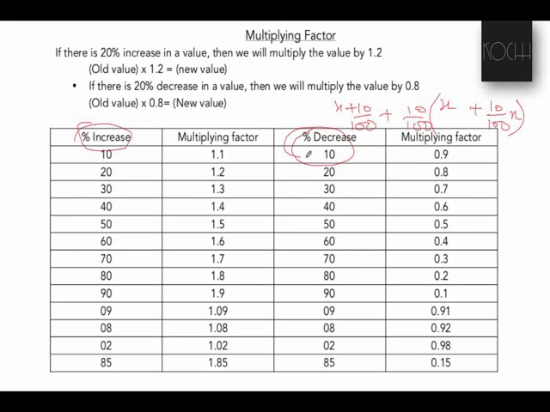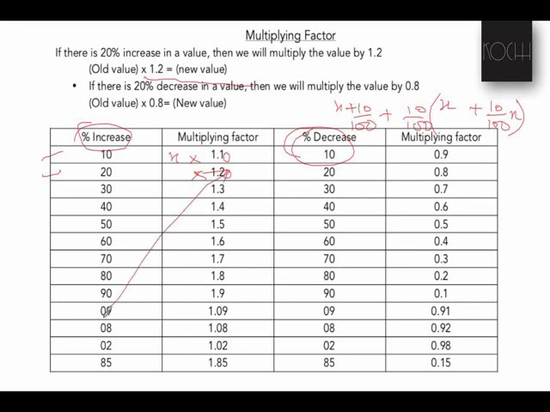Suppose I need to increase a value by 10%, I simply need to multiply that number by 1 point and I'll mention the percentage value. So to increase the value by 20%, I need to multiply it by 1.2 because 0 plays no value. Similarly, 30% is into 1.3, 40% into 1.4, 50% into 1.5.